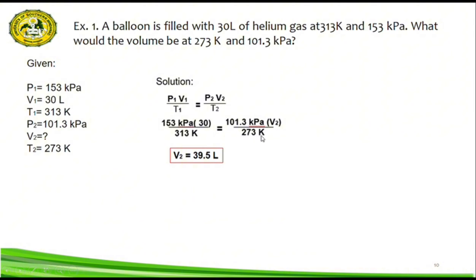We do the math using the calculator trick, shift solve, and we can directly get 39.5 liters as our final volume.